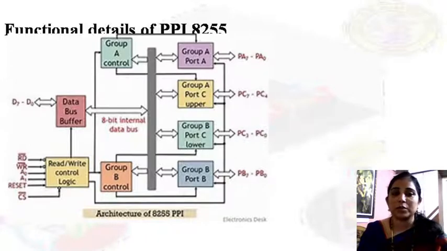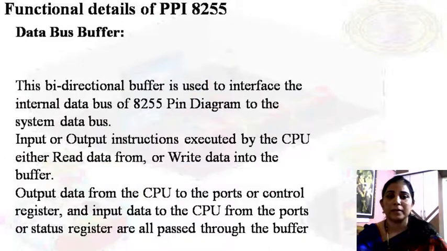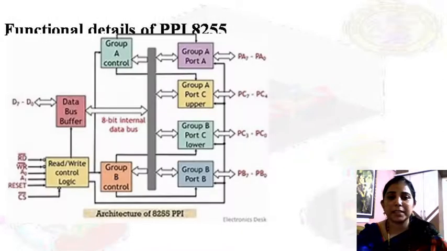You can also see the data bits D0 to D7, which through control logic are connected to all the ports. This is the block diagram of 8255 PPI, also called the functional diagram. Let's see these in detail.